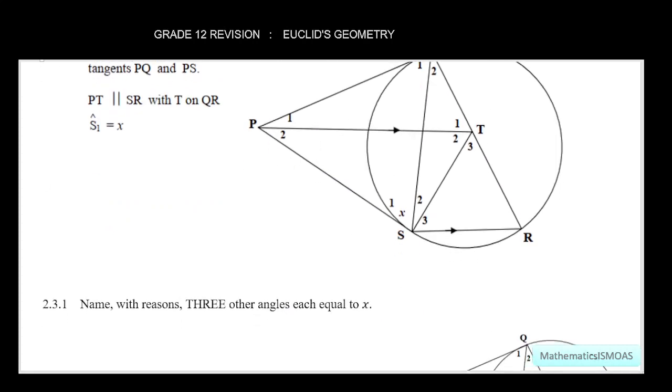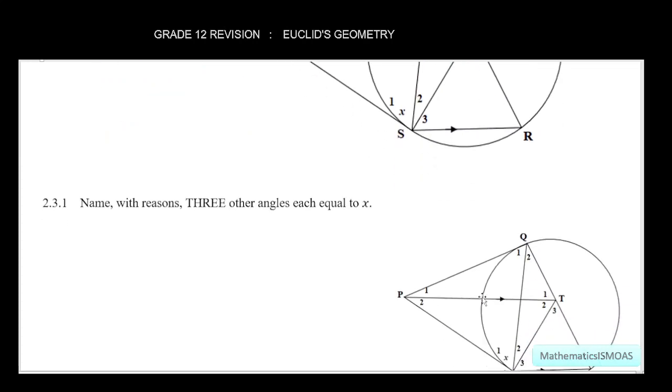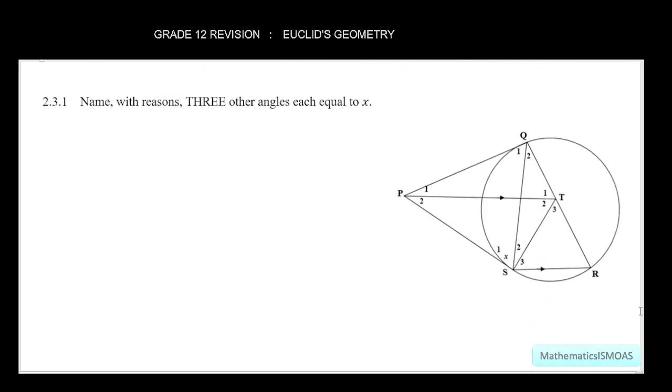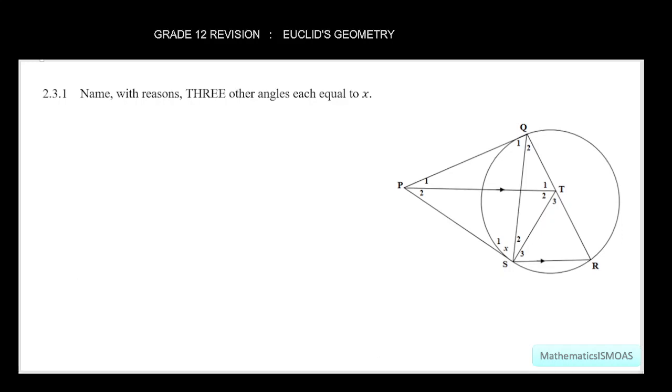Okay, now let's get to the questions. 2.3.1. Remember, pause the video, do the analysis of the statement given together with the diagram, identify as many theorem statements as you can, and also probably find the sizes of other angles in terms of what?